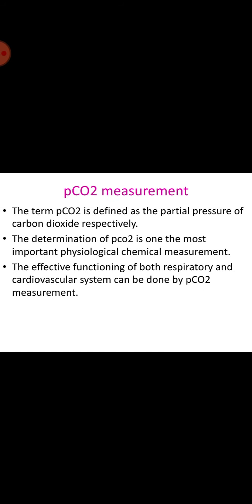And next we'll see about PCO2 measurement. The PCO2 is defined as the partial pressure of carbon dioxide. The determination of PCO2 is one of the most important physiological measurements. The effective function of both the respiratory and cardiovascular systems can be assessed by PCO2 measurement.